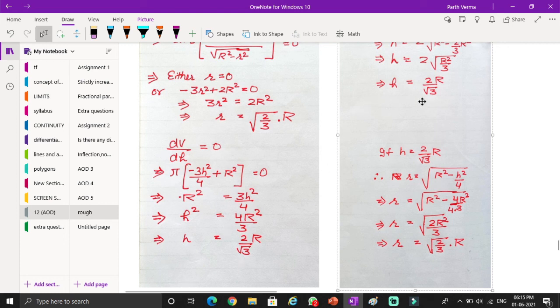So aren't these two conditions the same? Through the first function we reached here, and through the second function also we reached here. And at this position, what is the value of radius? The value of radius came out to be this, which is the same as this.